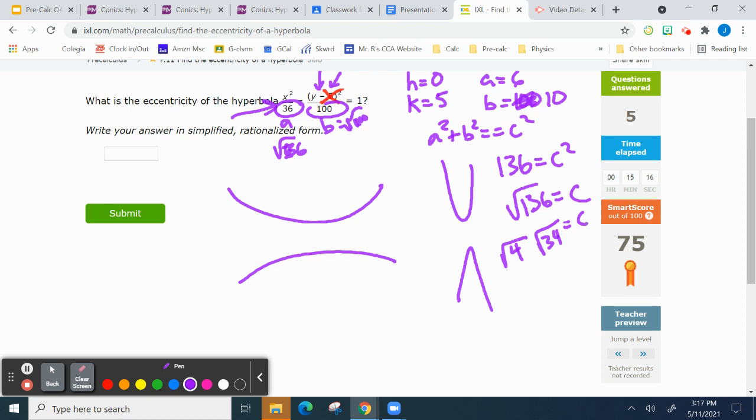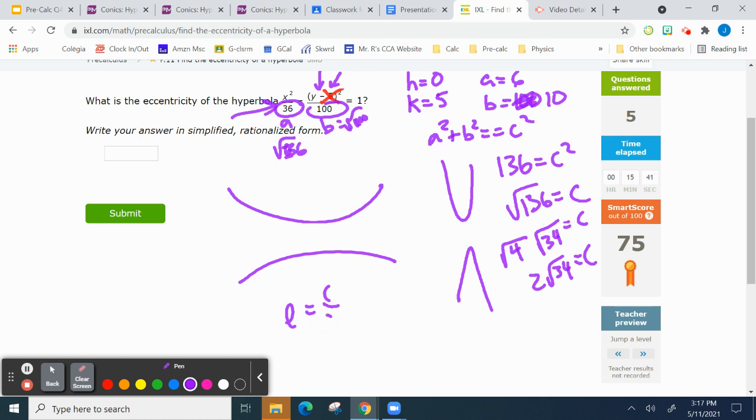Let's see. Probably not. No. Nope. Okay, so it's going to be 2 root 34. Boy, I sure feel like we ought to be able to reduce 34. I'll probably find out embarrassingly in a moment.